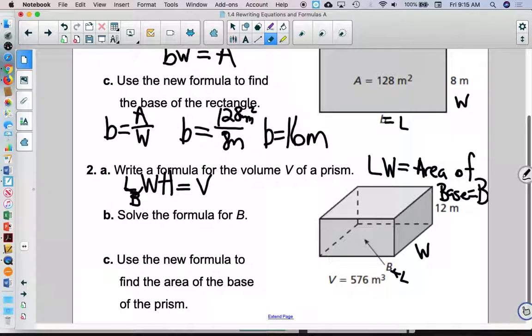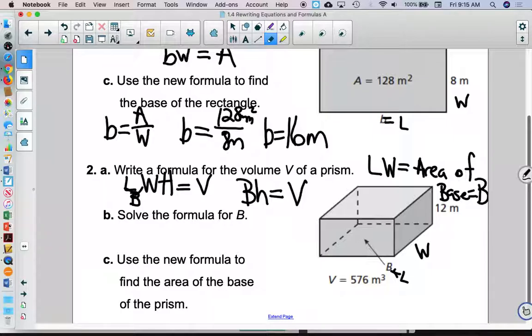Okay. Solve for B. So if I have base times height equals V, what is the new formula? Solving for B. B is the one I want left on the left-hand side. How do I solve for B?